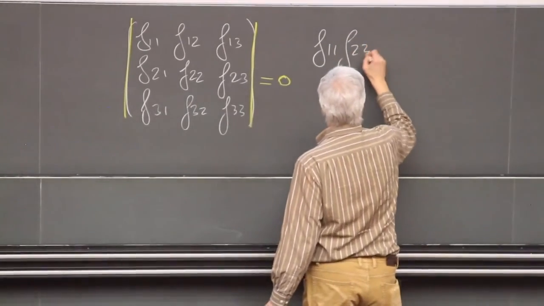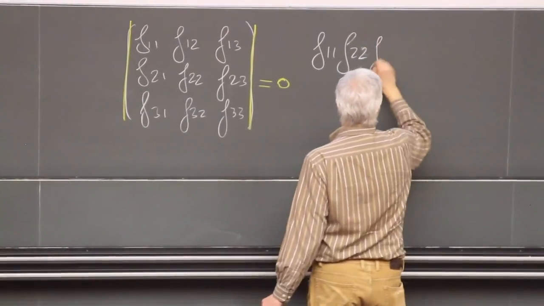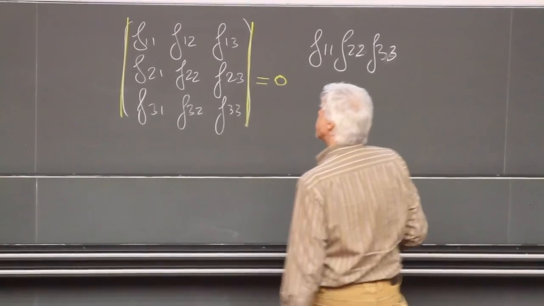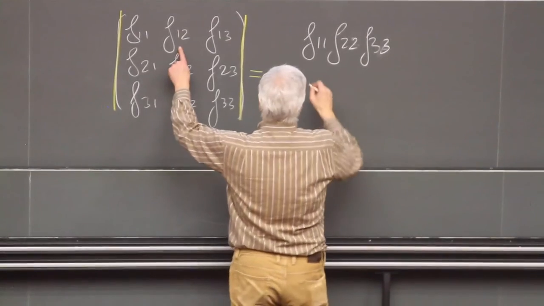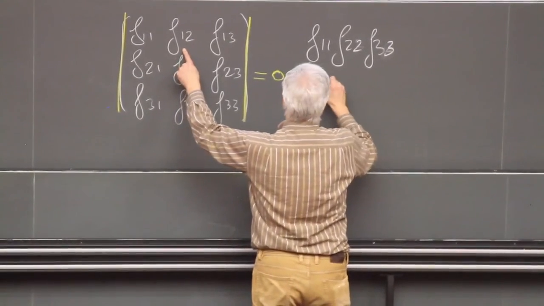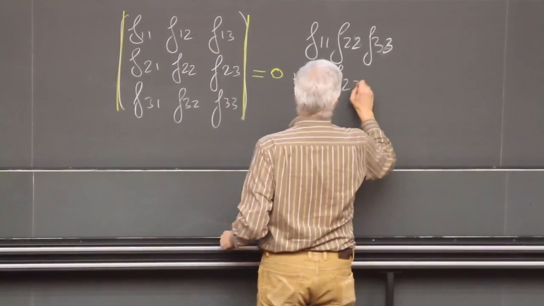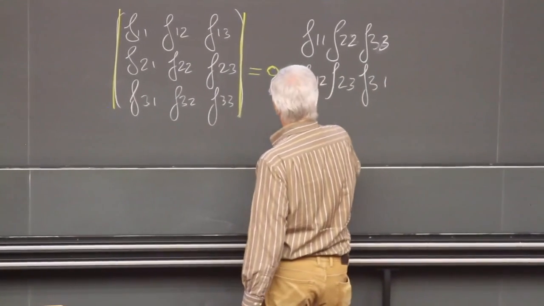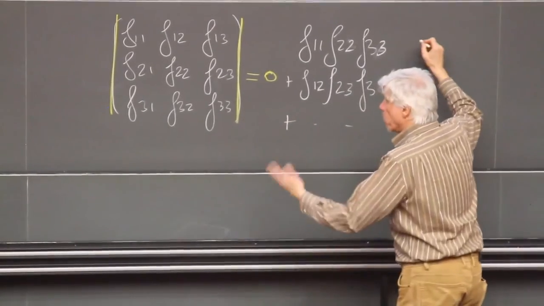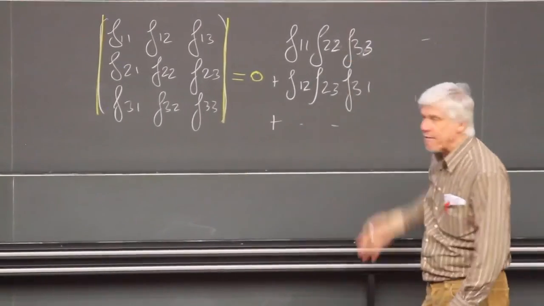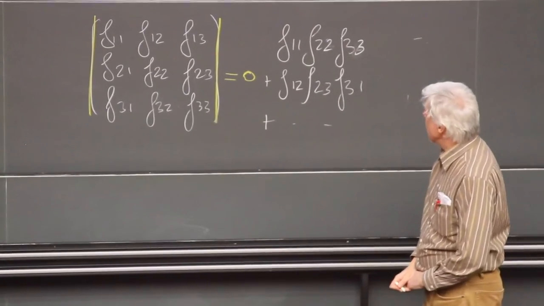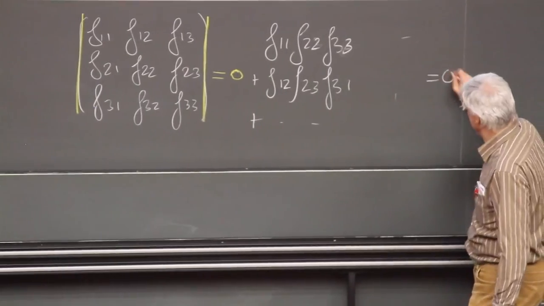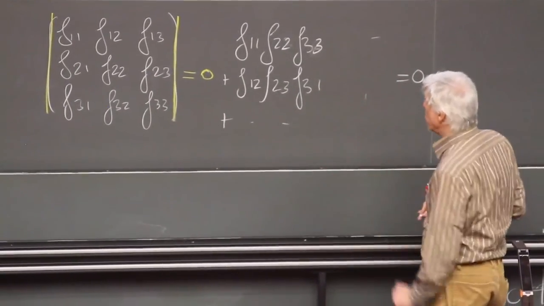F11 times F22 times F33 plus F21, F23, F31 plus, and then minus, in total we have 6 of these terms, but they all contain a product. And by the way, that would again be 0, the expression for the determinant.